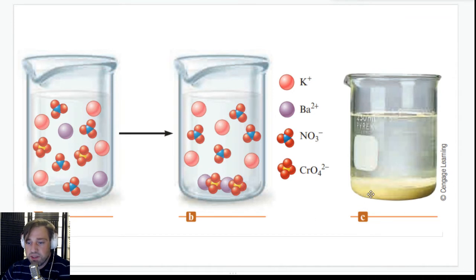We're going to start seeing a solid form because barium chromate is an insoluble salt. Once you have these together, the ionic bond between these two is so strong that not even the ion-dipole forces can overcome it. So, whenever these two actually meet, they fall out of solution and become a solid again.